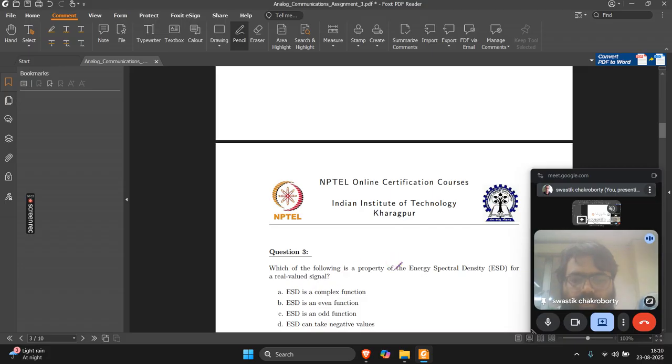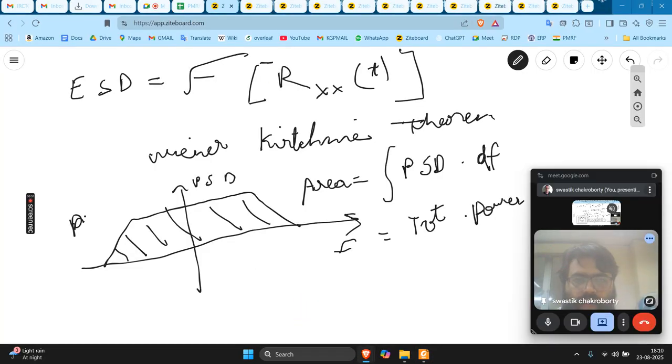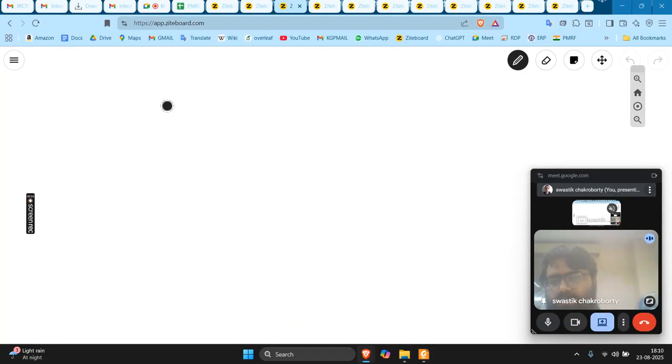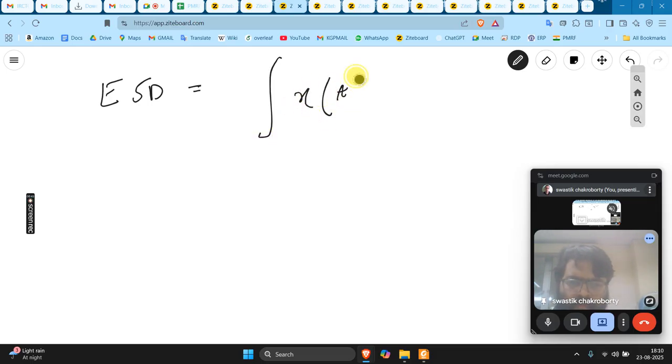Which of the following is a property of the ESD of a real valued signal? So the signal is real. What is the ESD like of that signal? So ESD is given by the mod square of the Fourier transform of the signal.